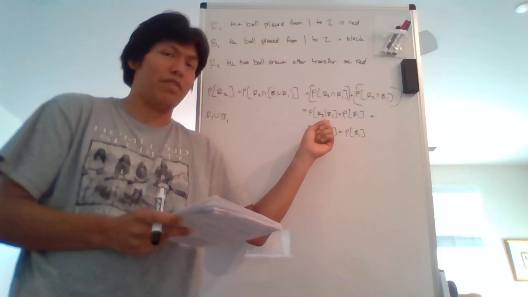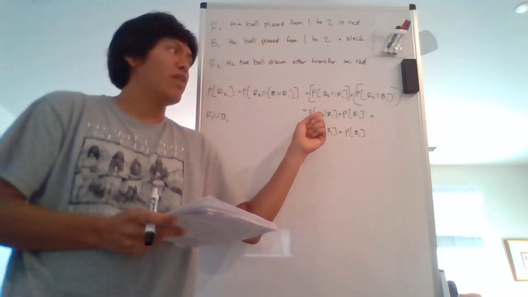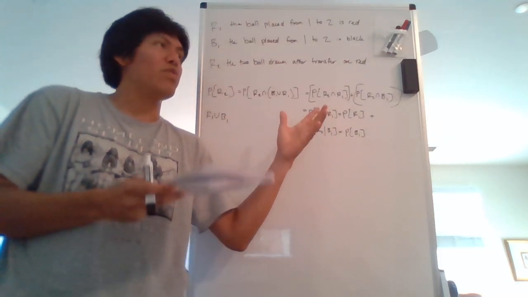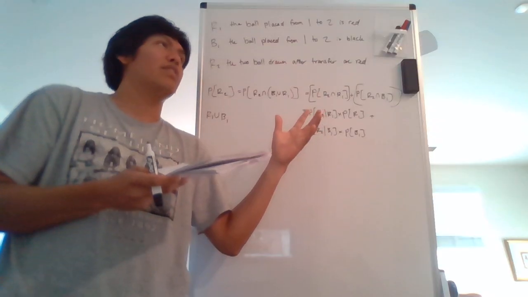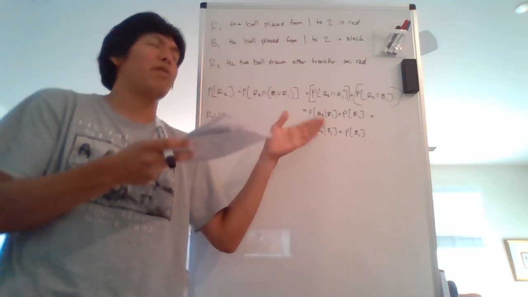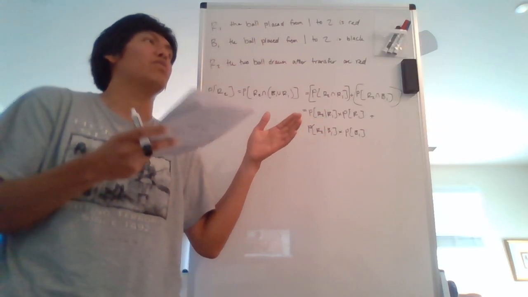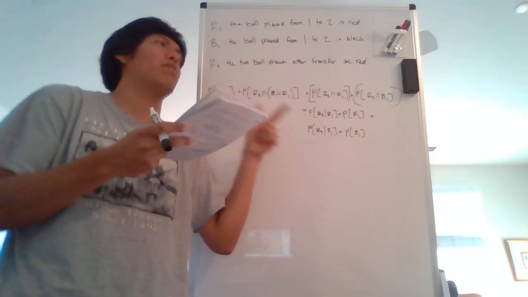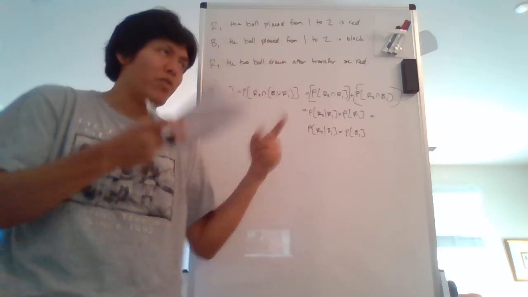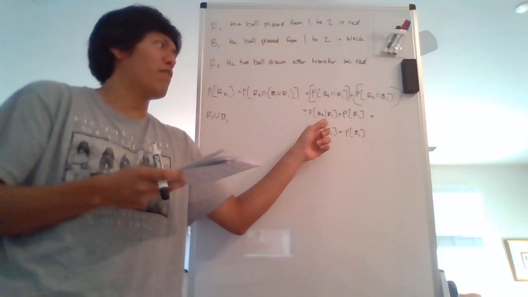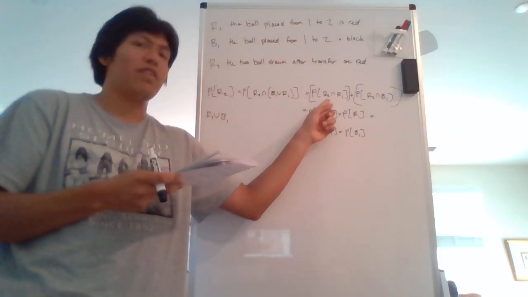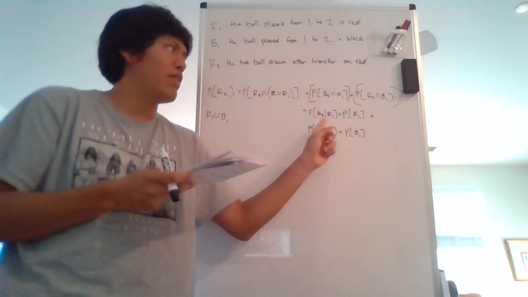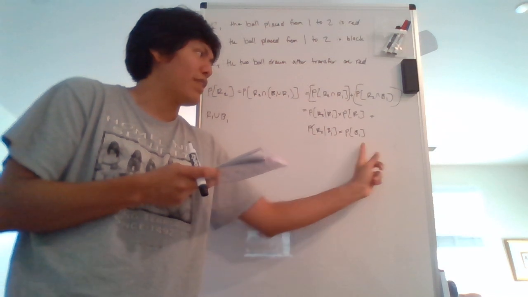And this just comes from the conditional probability equation, where the probability of A given B is equal to the probability of A intersect B over the probability of B, but rewritten so that instead of solving for the conditional probability, we're solving for the intersection. And that's what we have here. This is 1/2 and this is the second half.